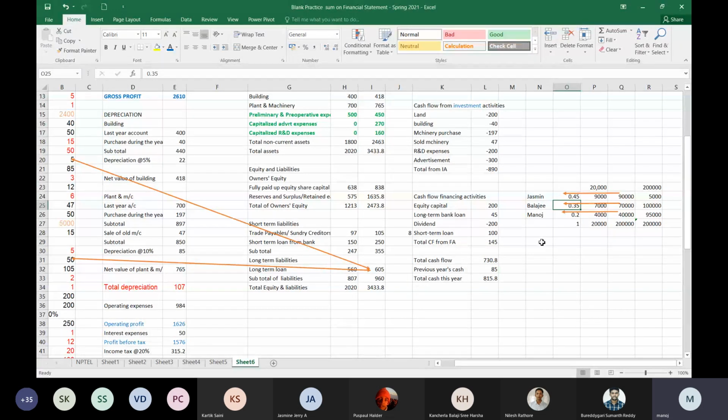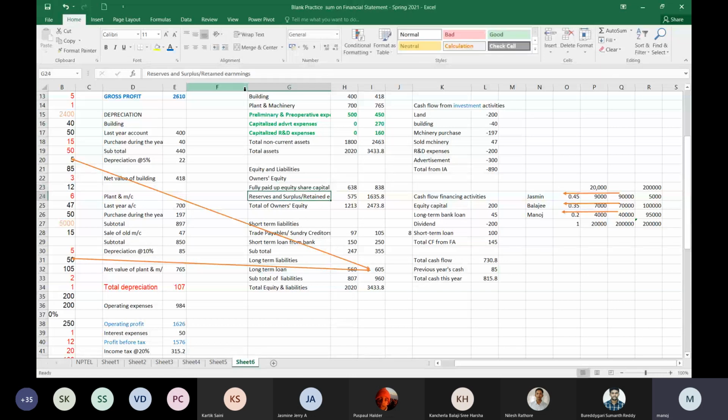Now that is what is equity capital. This total 2 lakh rupees is the equity capital. This number will never come into play in your balance sheet. You may write here fully paid up equity share capital, consisting of 20,000 shares of rupees 10 each.